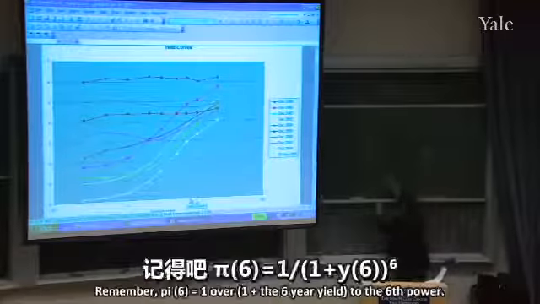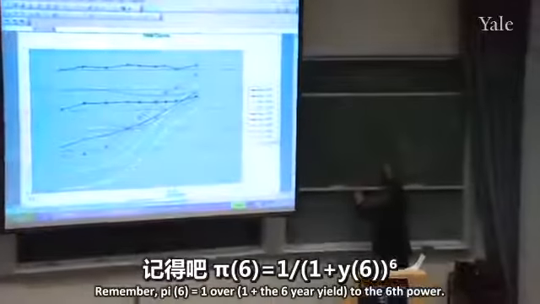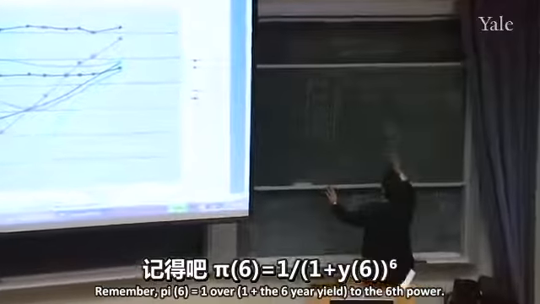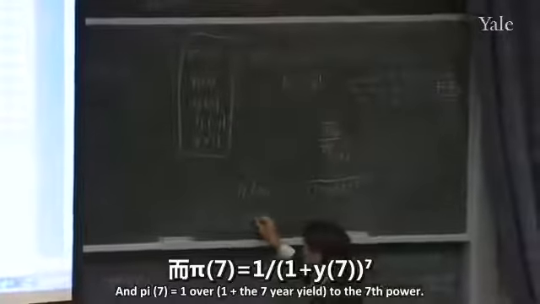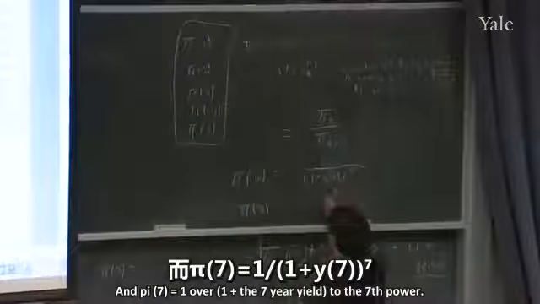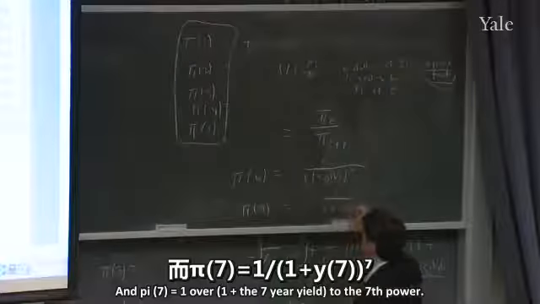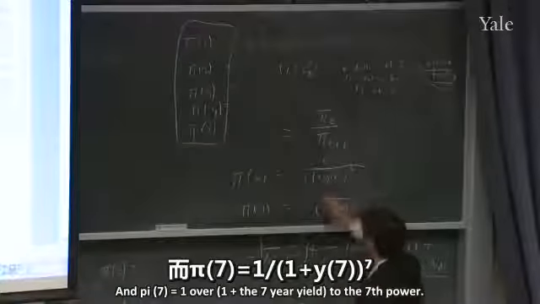So remember, pi 6 equals 1 over (1 plus the 6-year yield) to the 6th power, and pi 7 equals 1 over (1 plus the 7-year yield) to the 7th power.